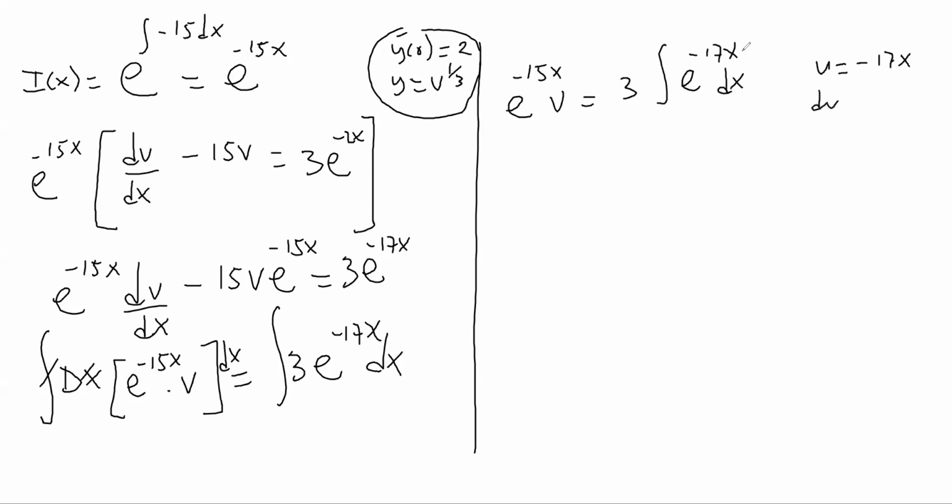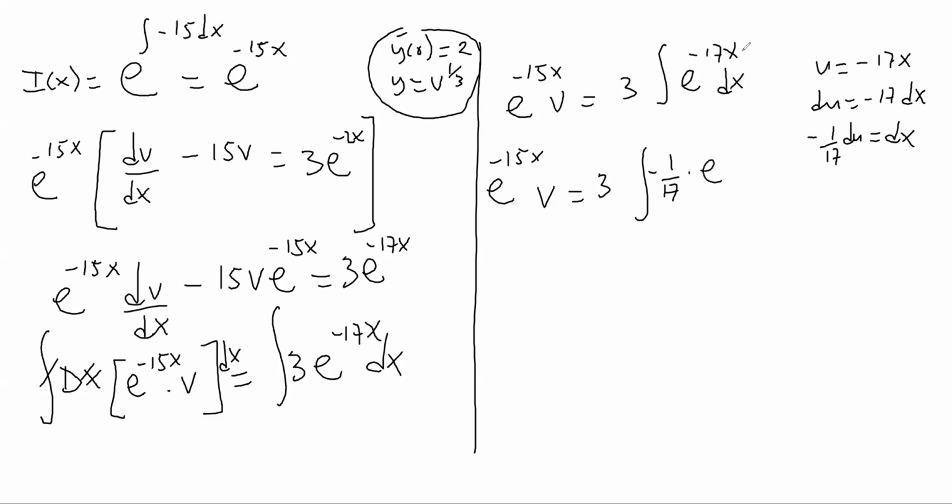So du will be equal to minus 17 dx, so minus 1 over 17 du will be equal to dx. You saw this in your calculus classes. So e raised to the minus 15x times v will be equal to 3 times the integral of minus 1 over 17 times e raised to the u du.